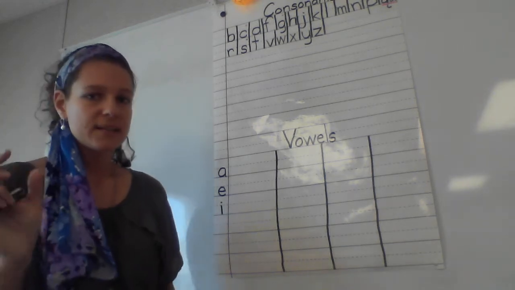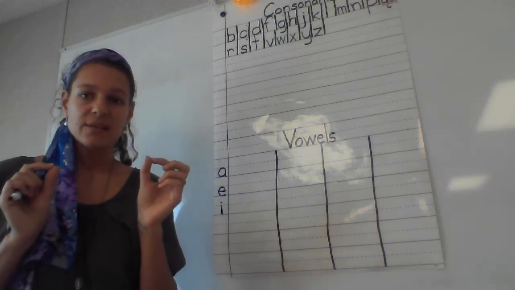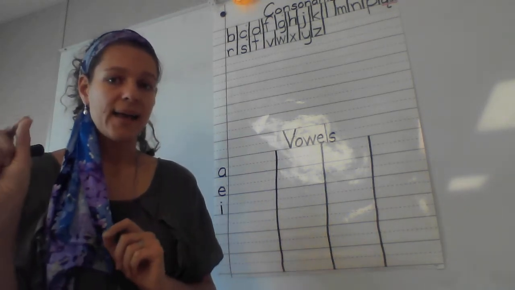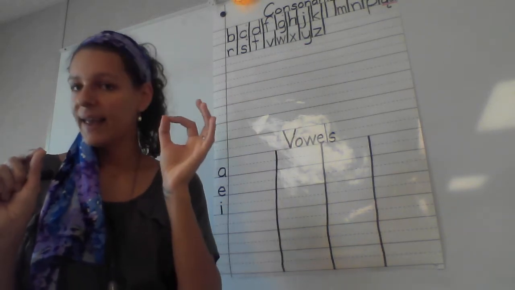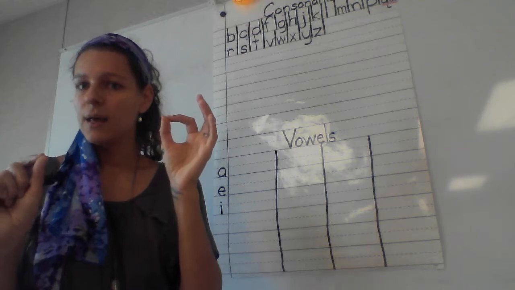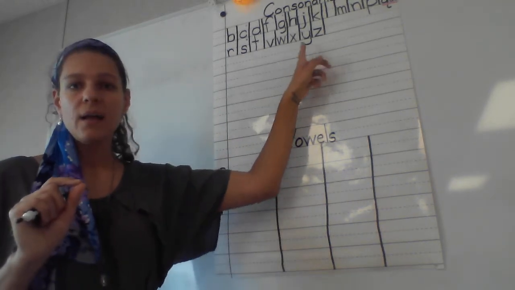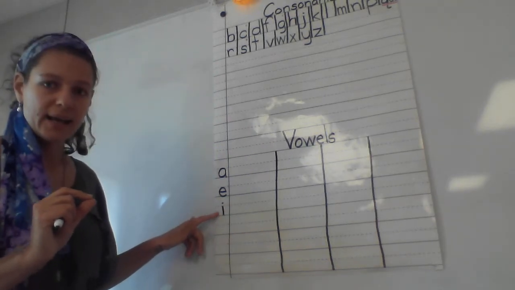And I want you to listen to the sounds of i, and then the last three sounds of y. So the vowel sounds of our y are the same as the sounds of our i.